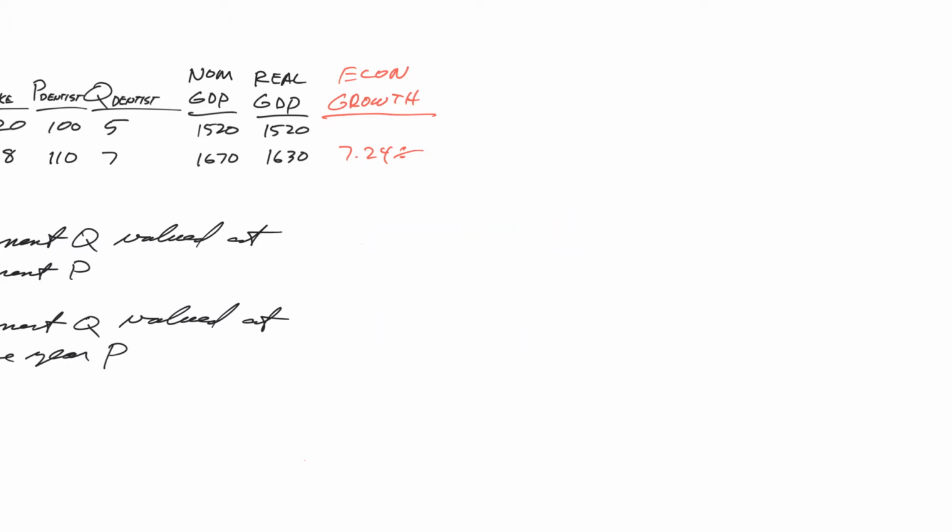We aren't just interested in the rate of economic growth. That's a very important number, but we're also interested in inflation. So we've held prices constant at the base year to calculate real GDP, and then the percent change between real GDP from year to year gives us our economic growth rate.